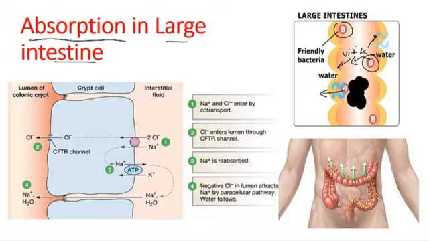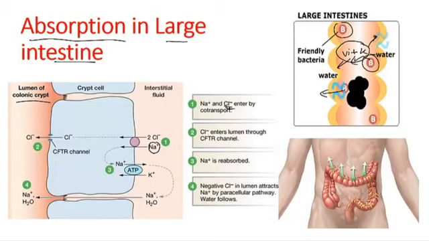Now the colon absorbs small quantities of salt as well, as you can see here. This is the lumen of the colonic crypt and this is the interstitial fluid. So what we are going to do, it can take some amount of sodium and chloride ion inside. Chloride ion enters into the lumen with the help of CFTR channel proteins.